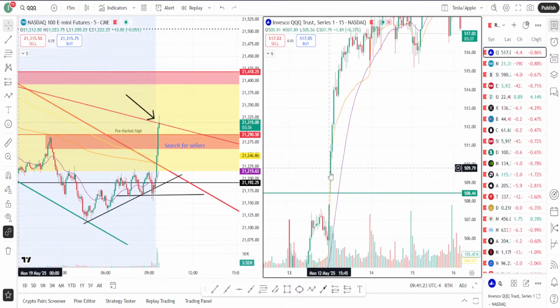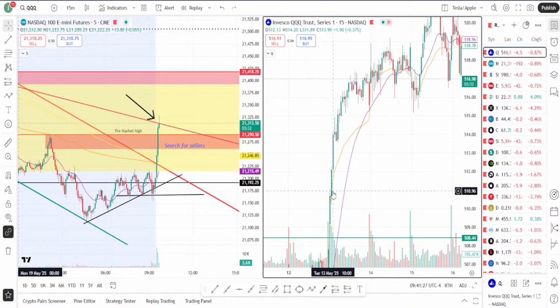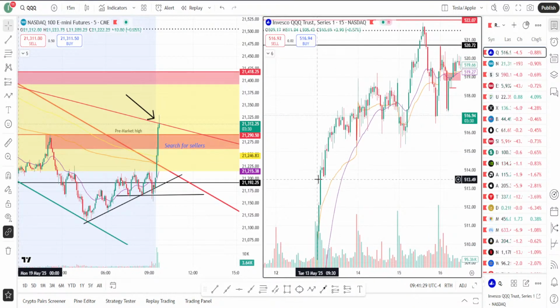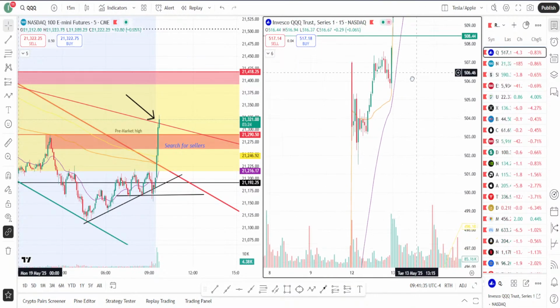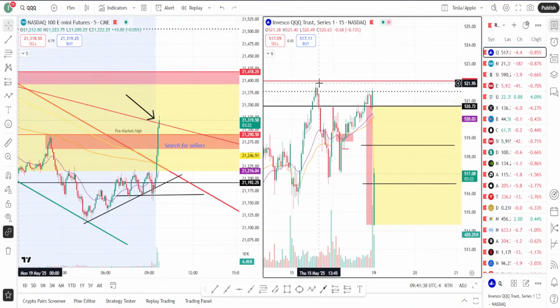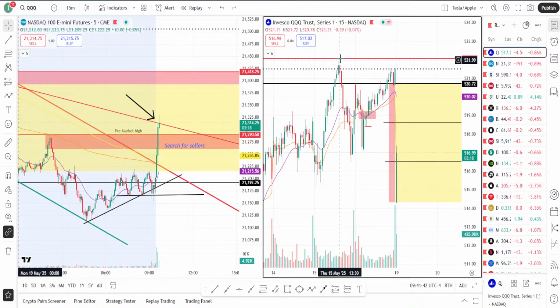We got a good move up here this morning, last week, and then it's just baby steps on the way up. They say when the market goes up, it's like taking the stairs, and when it comes down, it's like taking the elevator.